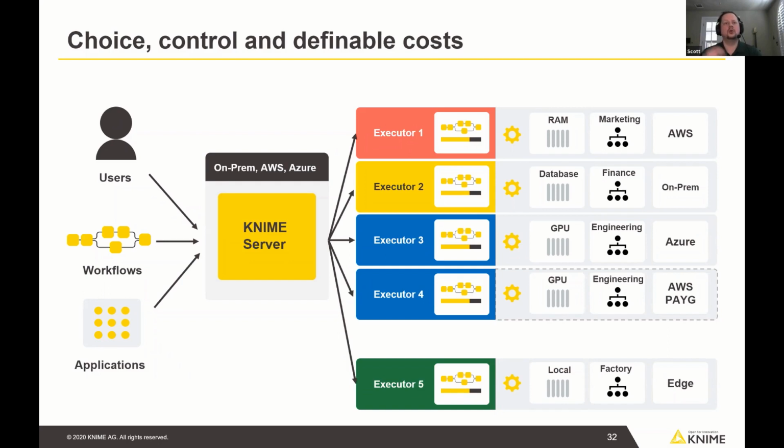And so we can use the power of the cloud to help with that by using scaling and automatically calling up additional instances on demand to make sure that there's going to be compute available for the workflows that we need to run. And when we don't need them anymore, when that demand peak has passed, then we can automatically have those servers shut down so that we're not paying for them anymore, right? It's an effective way to control your costs. That's what the whole idea of scaling is about, and KNIME can help you do that.